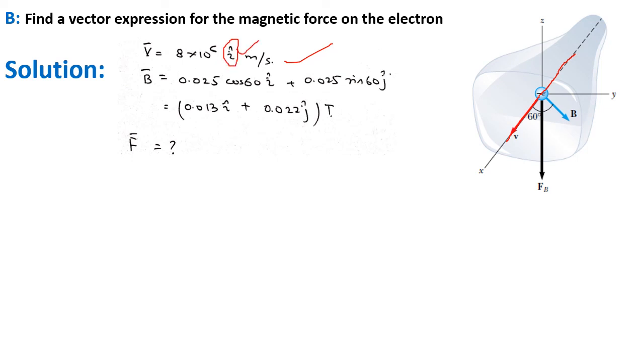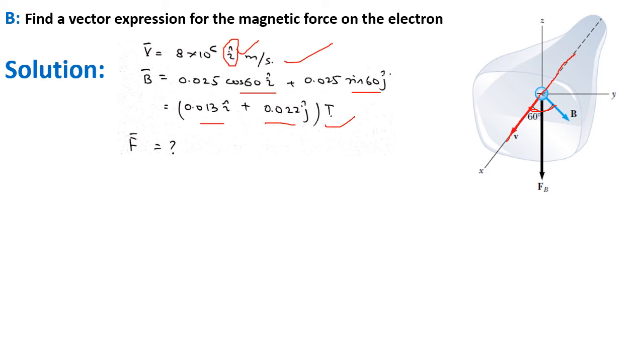For B, it is making an angle of 60 degrees with the x-axis, so B will have two components, cos of theta and sine of theta. So I can write B as 0.025 cos of 60 unit vector i and 0.025 sine of 60 unit vector j. So after simplifying, I get these values for B.